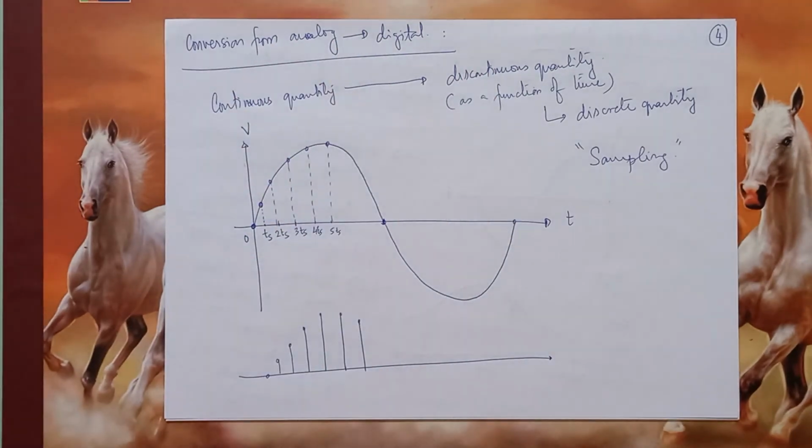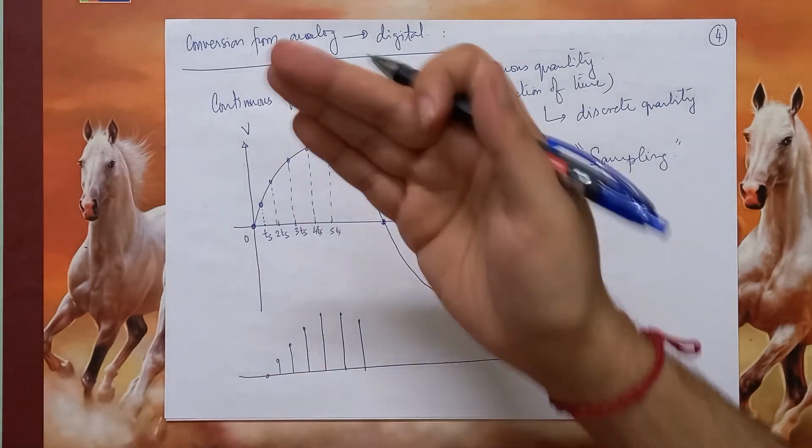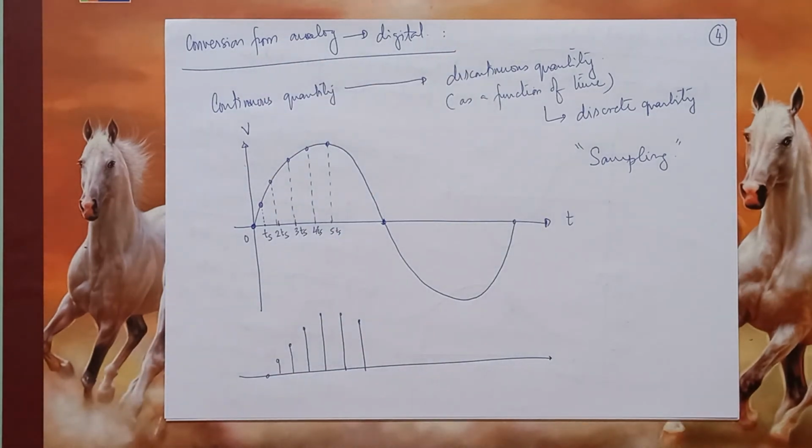So therefore, there exists something called the sampling theorem, which was essentially a mathematical relation derived by some scientists who said that the rate of sampling should be high, or something that we call the sampling frequency.